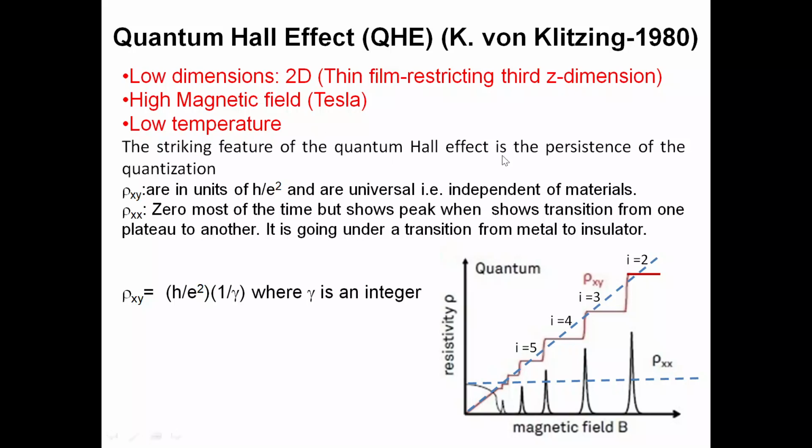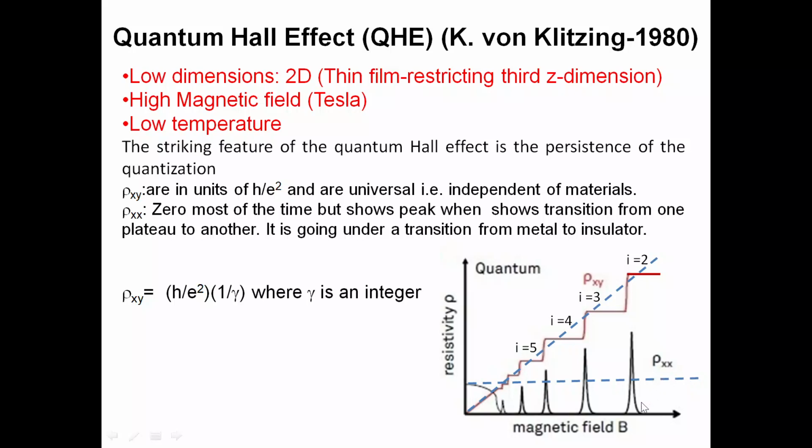So what is the striking feature? How is it different from the classical Hall effect? Now, see this graph. The dashed line actually represents the classical Hall effect behavior. So this is transverse resistivity increasing with field, and longitudinal resistivity is almost horizontal with the field axis.